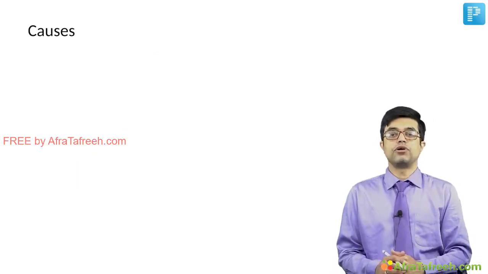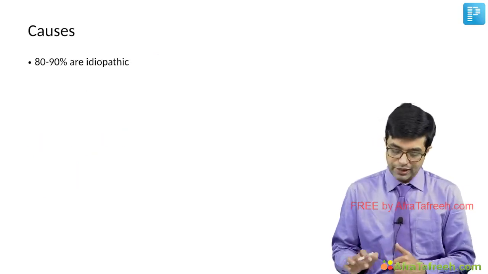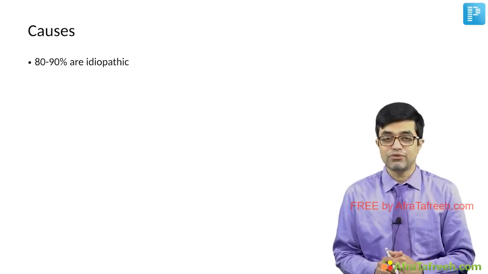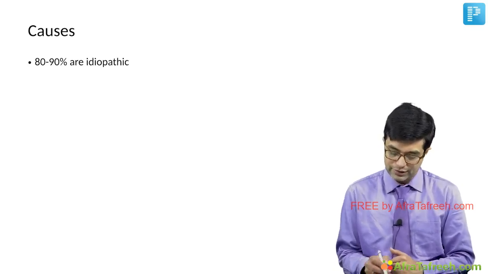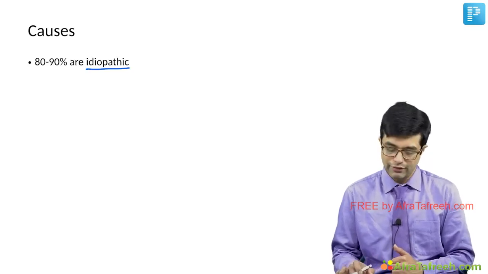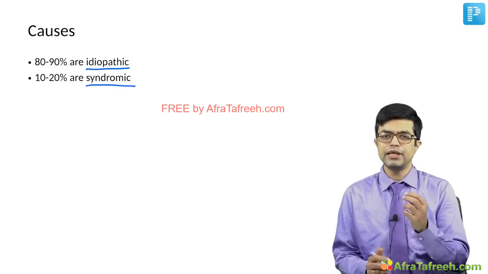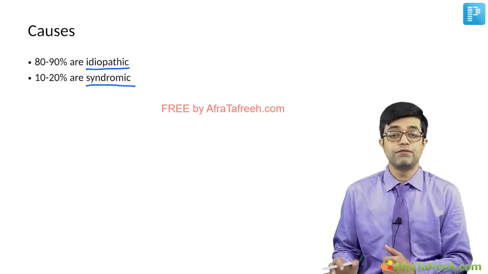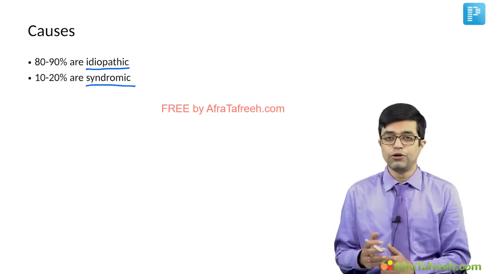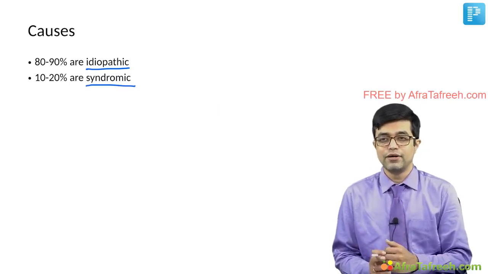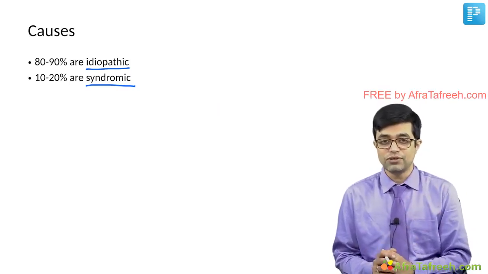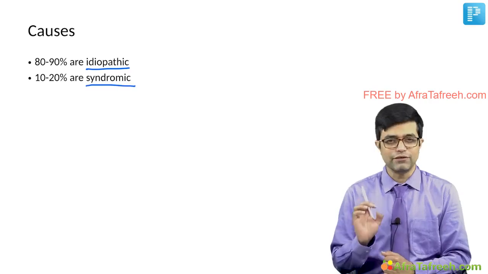What are the causes of craniosynostosis? Interestingly, 80 to 90% of cases are found to be idiopathic, that is, no cause can be found, whereas 10 to 20% of cases are syndromic. If you look at Nelson, there is a one-page list of the syndromes. We need to remember just 6 or 7 of them.